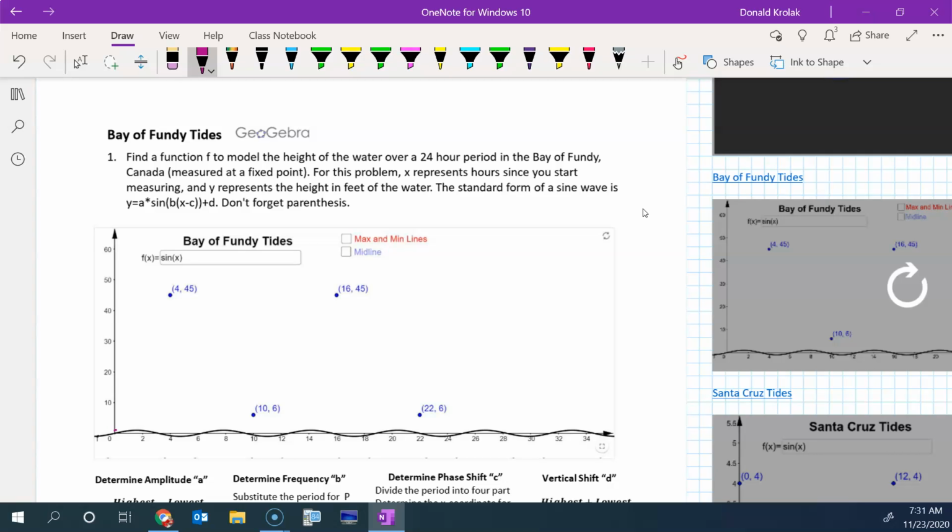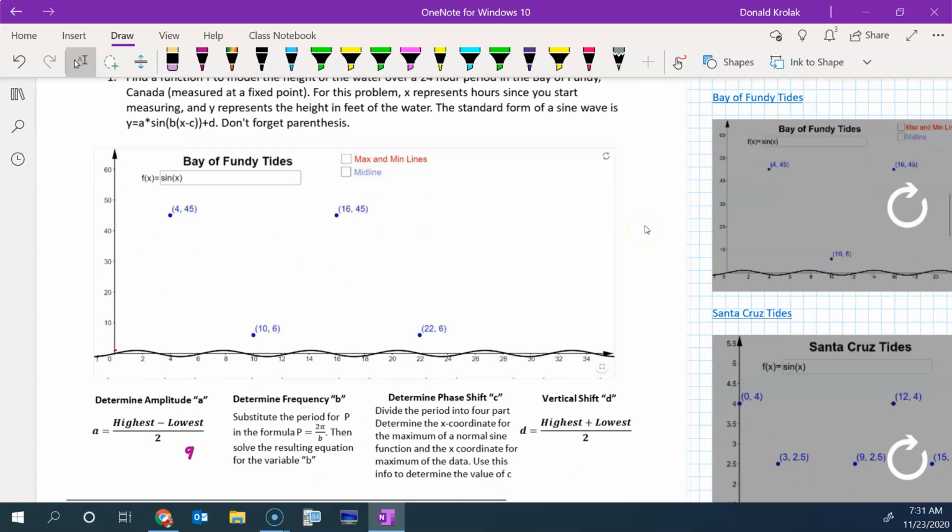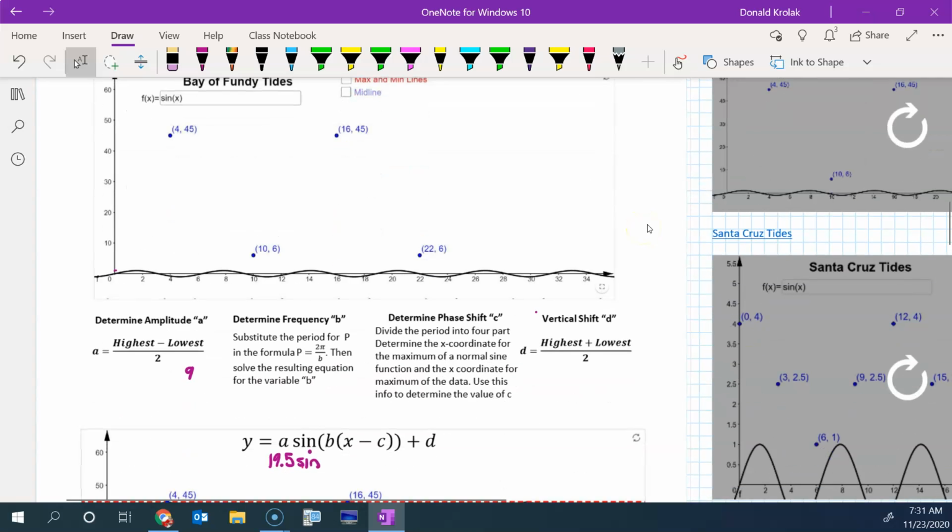All right, so the first thing we're going to do is find the midline. Our midline is the same as our vertical shift. That's going to be the highest plus the lowest, divided by 2. The highest the water is 45 feet, 4 hours after it was measured, and 10 hours after it was measured, it was 6 feet.